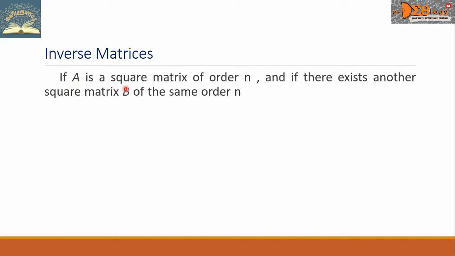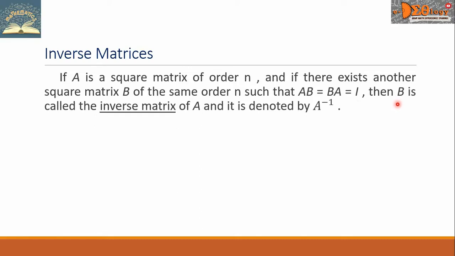If capital A is a square matrix of order n, and if there exists another square matrix capital B of the same order n, such that A times B is equal to B times A is equal to capital I, this is the identity matrix, then capital B is called the inverse matrix of capital A, and it is denoted by A with an exponent -1.